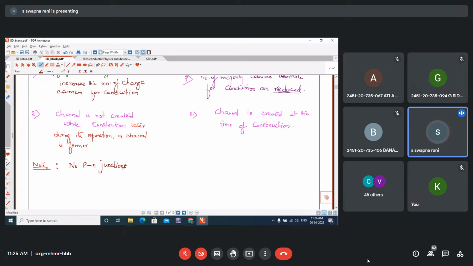No PN junctions are formed between gate and channel.